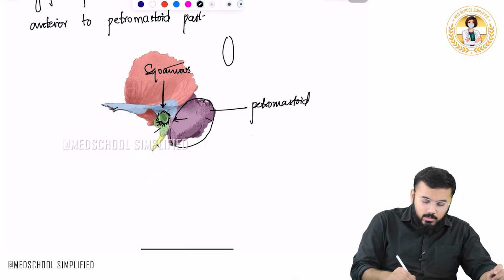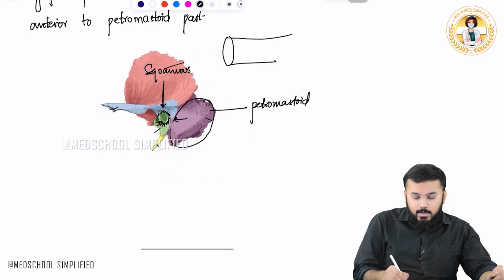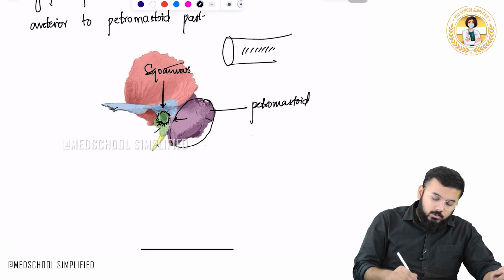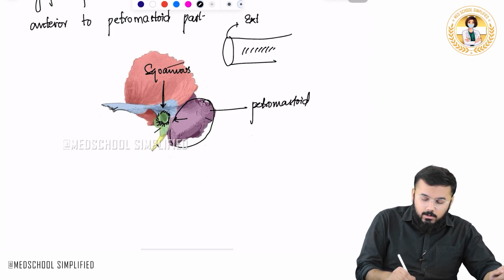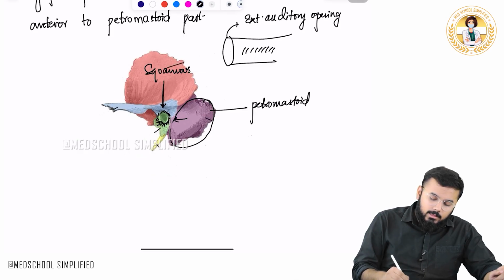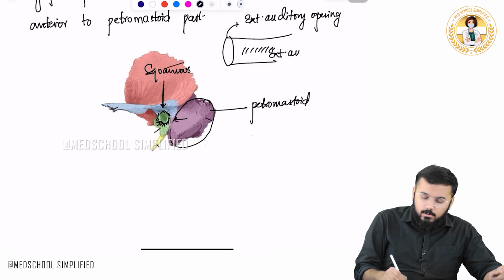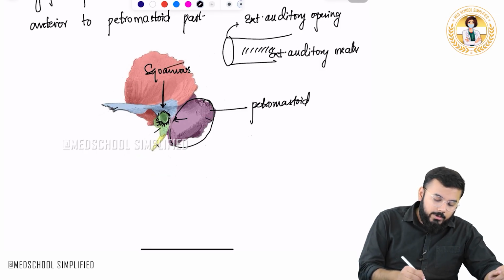So this is your external auditory opening and this one is called the external auditory meatus. Okay, and where is your bone present over here?